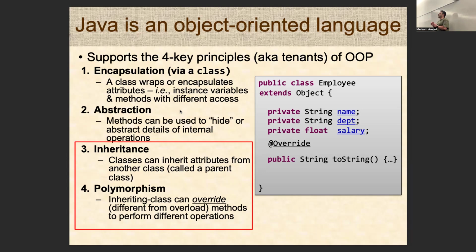All these things that hold some information about the monitor, you define as your instance variables. And then for you to be able to work with those instance variables, you add a bunch of methods.